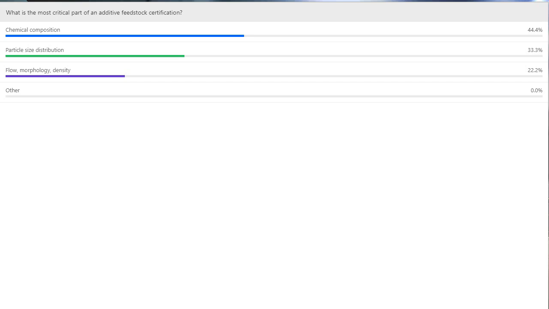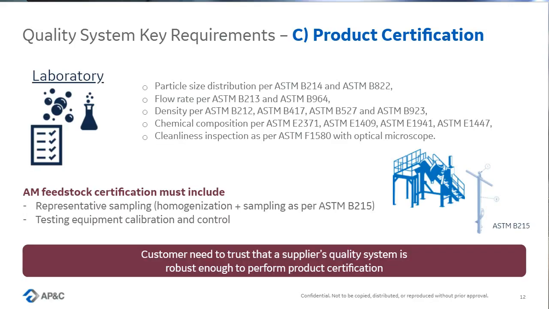Flow and morphology, flow at least, is a bit harder to measure and to see the actual impact, because not all machines have the same requirements for that. But for me, the other is something that is critical. I'll explain why. By other, what I had in mind is having a representative sampling.